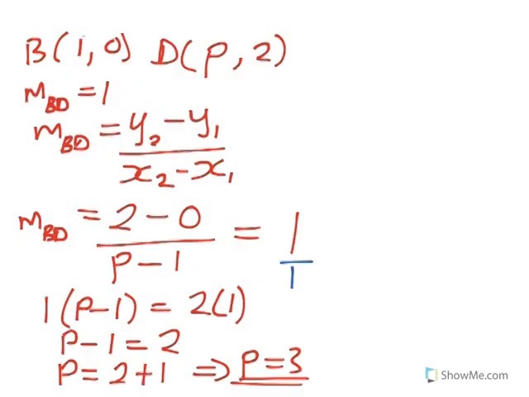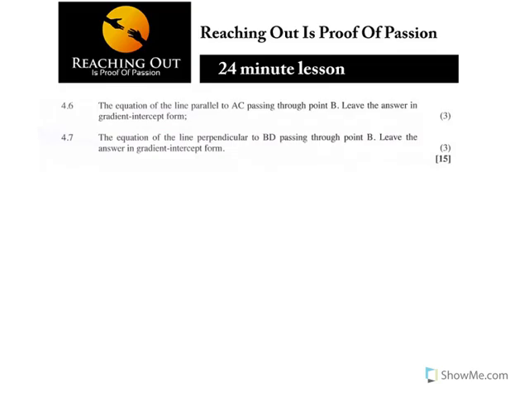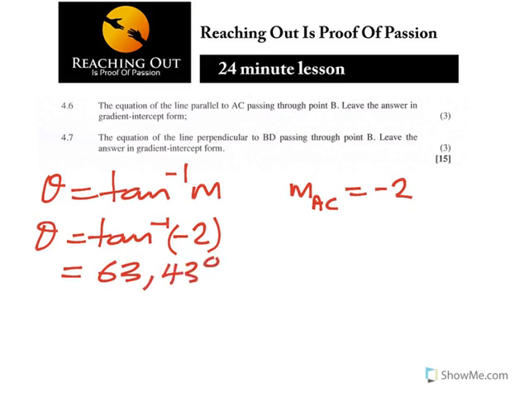Now, you go back to the formula that we showed you. I'm working on the previous solution. It says theta is equal to arctan m, and you know that m of AC was equal to negative 2. So theta is equal to arctan of negative 2, and the answer you get is negative 63.43 degrees.